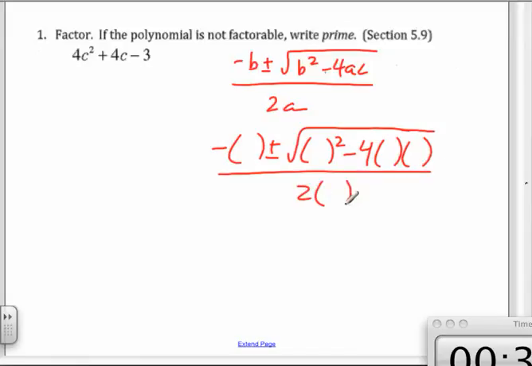We're going to find out what the solutions are, and then we work backwards to find out what the factors were. In this problem, a is equal to 4, b is equal to 4, and c is equal to negative 3. So I'm going to fill in 4 for b, 4 for a, and c is negative 3.